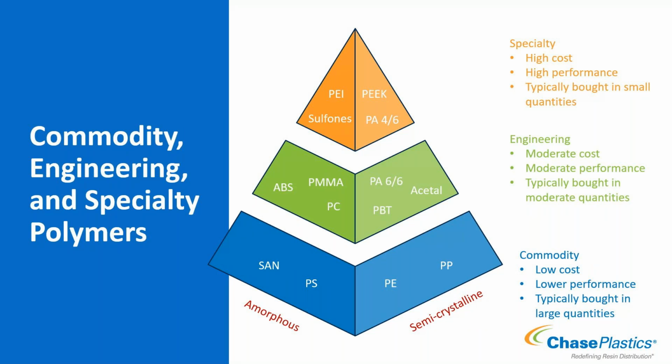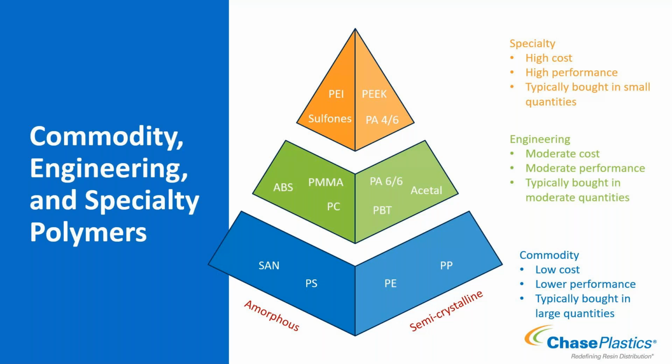And they're typically bought generally in a lot smaller quantities. We will, of course, never be mad if they are bought in larger quantities, but generally programs don't require a full truckload of a PEI type material. And so you buy them in smaller quantities. They're very specialized and very unique.